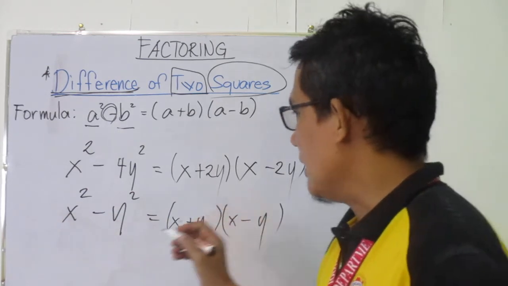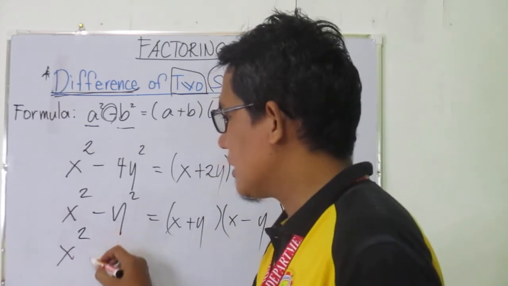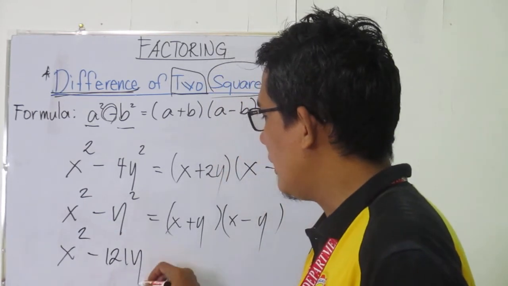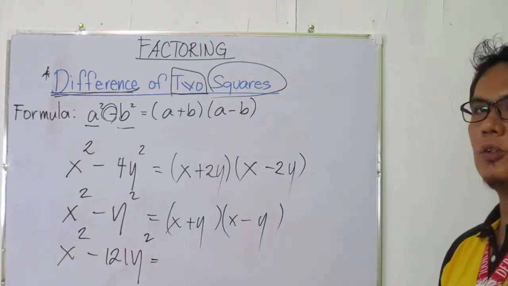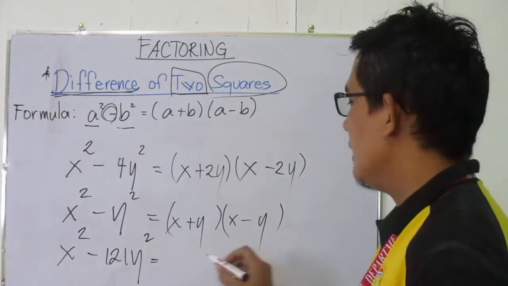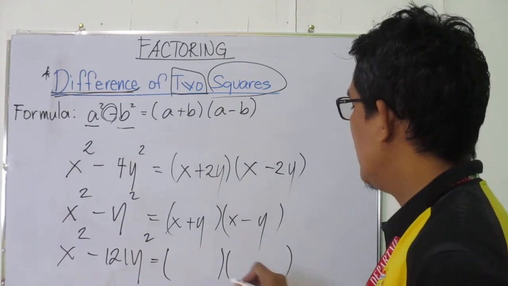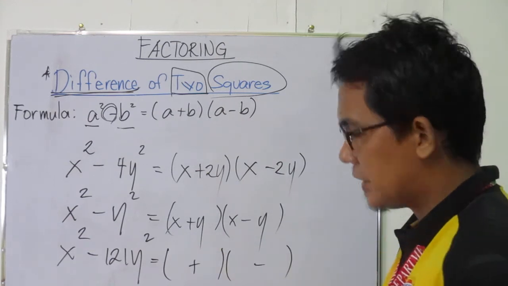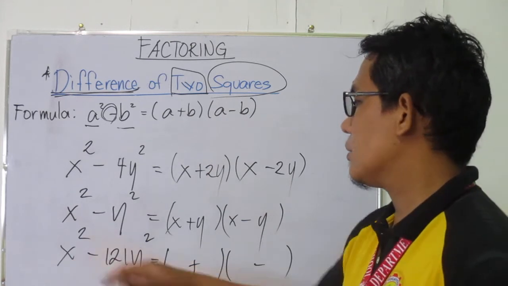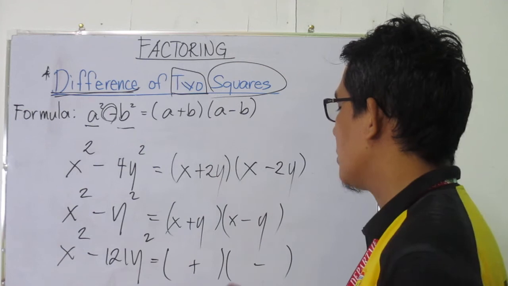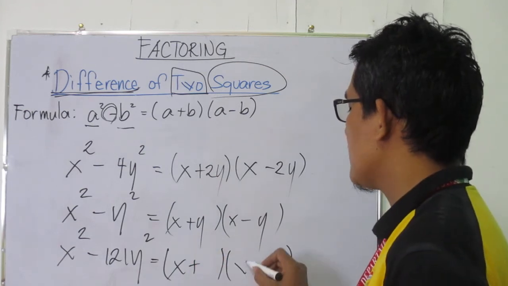Okay? So how about this one? x squared minus 121y squared. Again, in factoring, all you have to do is expand it directly, so that it becomes the product of the sum and difference of our two factors. We have here x squared; just expand it, that is x times x.